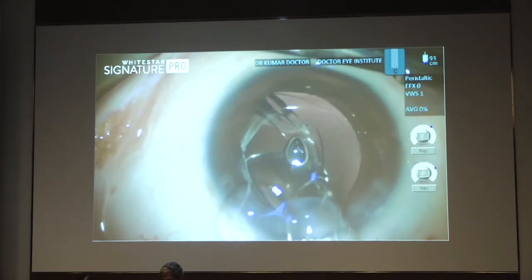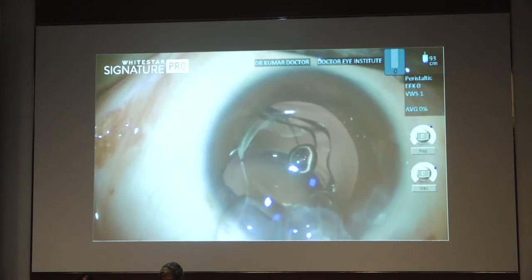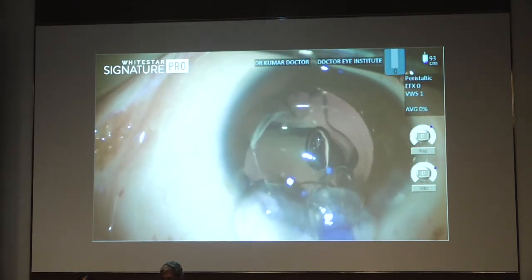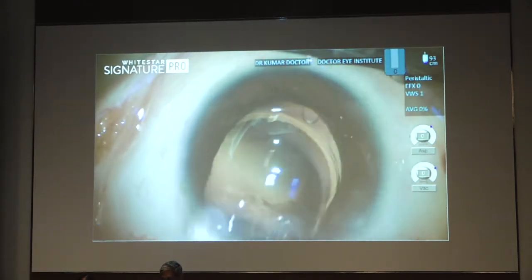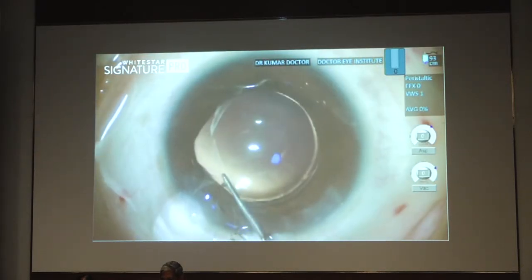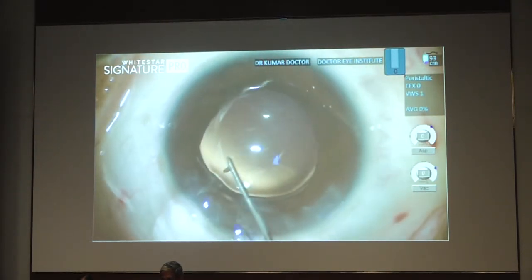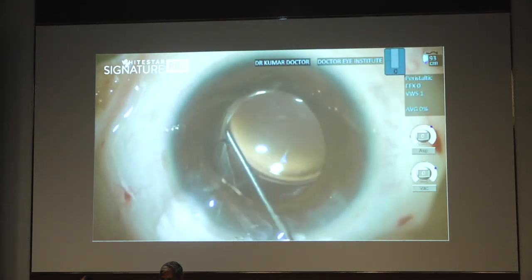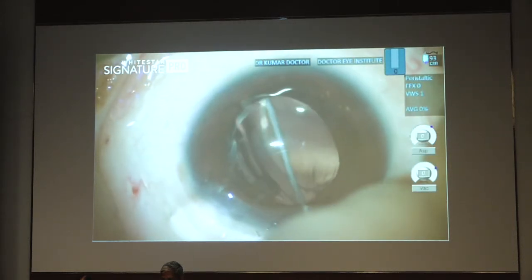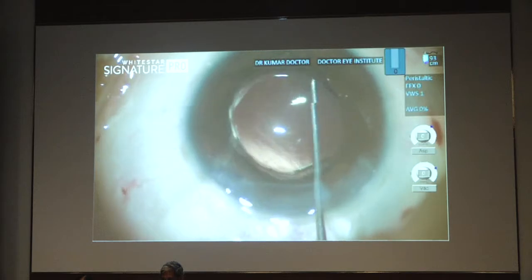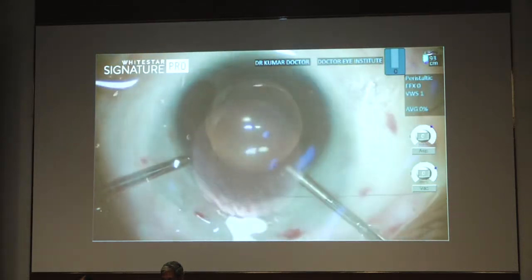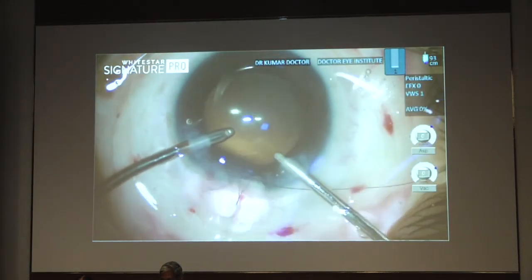Precaution taken to not let the globe collapse. IOL placed in the bag and the trailing haptic dialed into the bag. Suture placed, bimanual IA done for OVD removal.